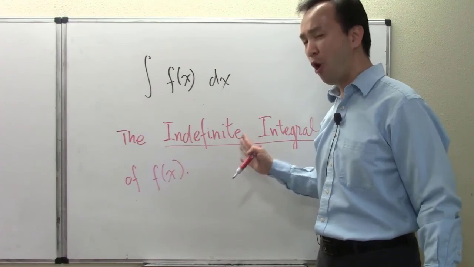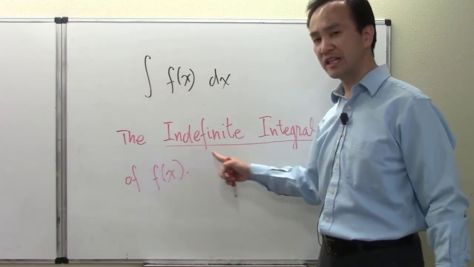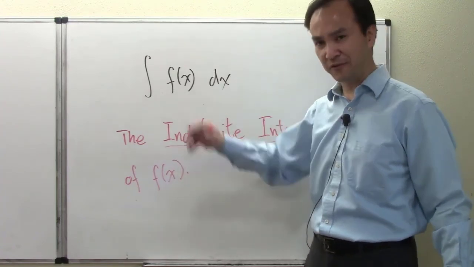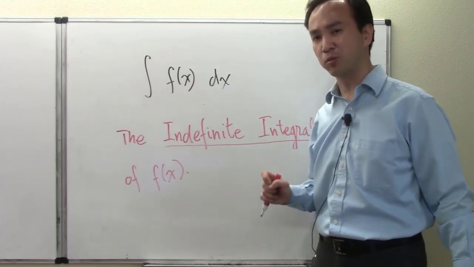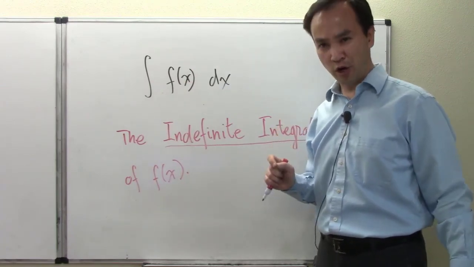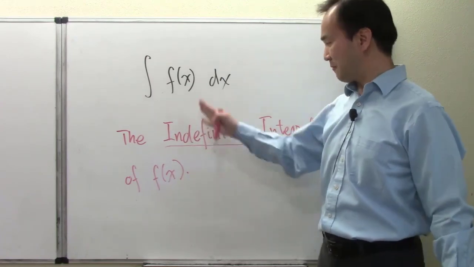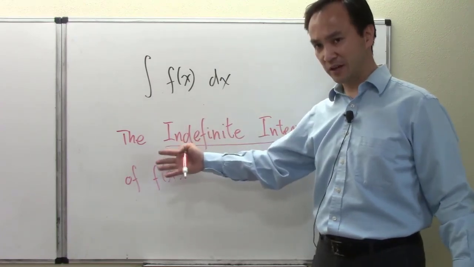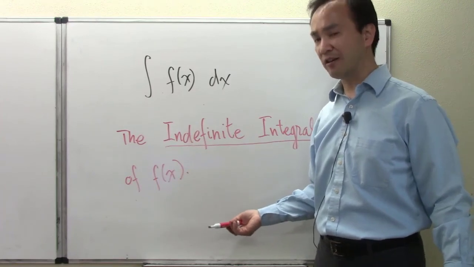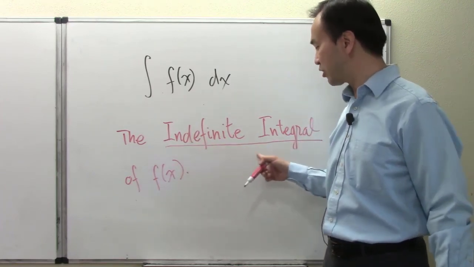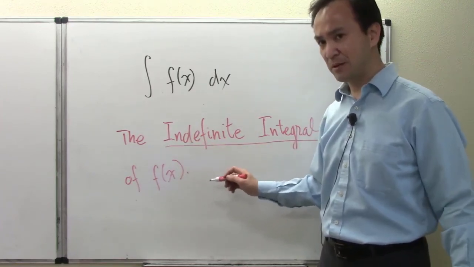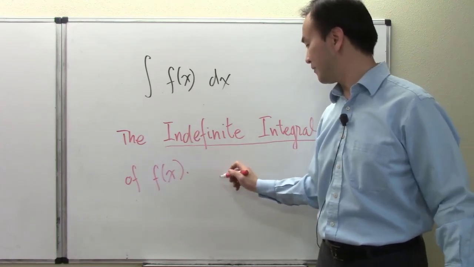But I will hold on to the explanation of why it's given such a name until a few lectures later, when I start formally explaining what a real integral and a real definite integral is. And so from now on, anyone studying calculus with me is allowed to use the name indefinite integral in place of antiderivative.